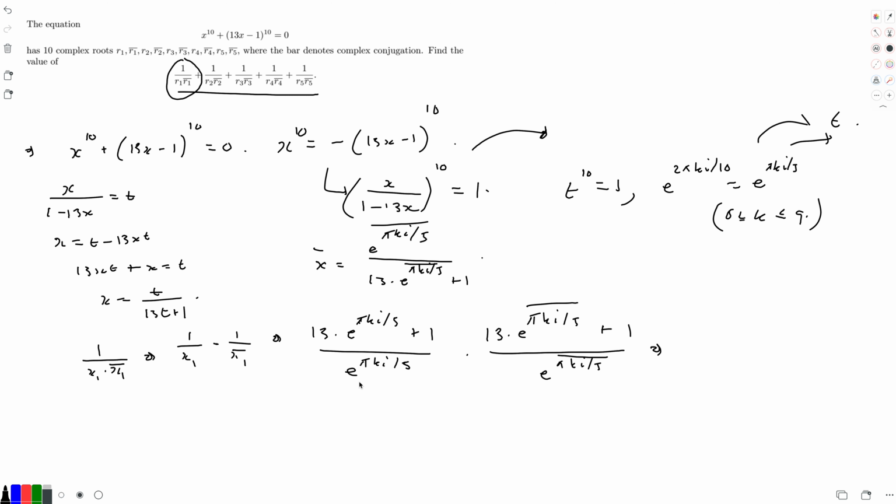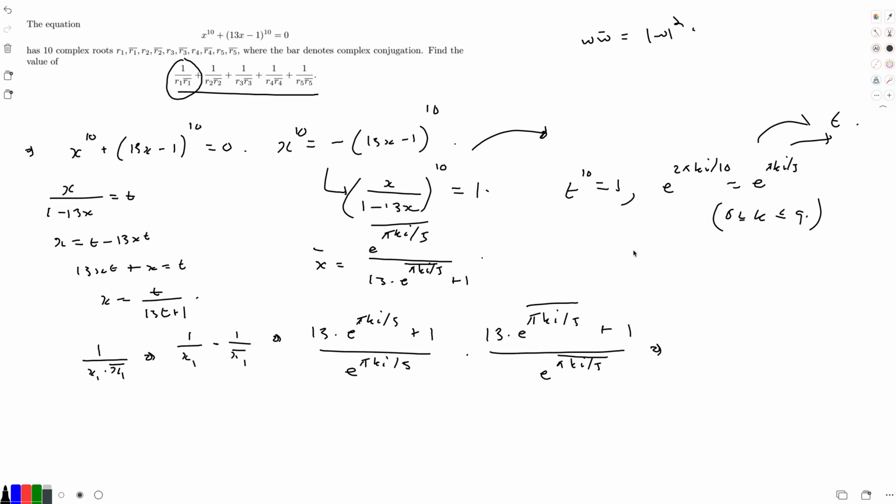So what's happening over here is we're multiplying something with magnitude 1 with its conjugate. So we know w times w conjugate for some complex number w is equal to the modulus of w squared. And since these are simply roots of unity, this becomes 1. How about this one? Same thing over here. If you multiply this by this, you get 1.